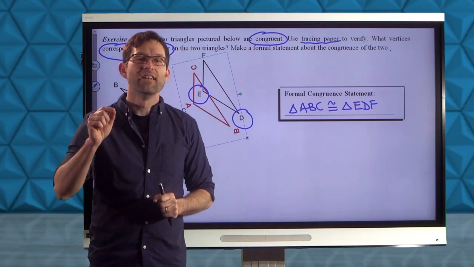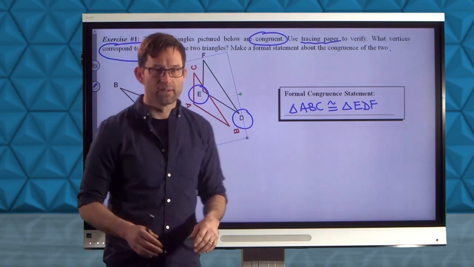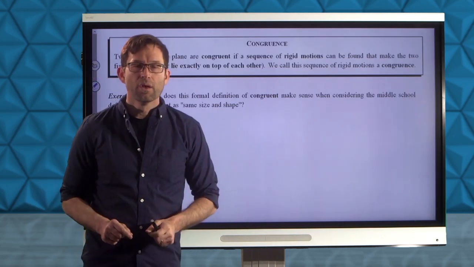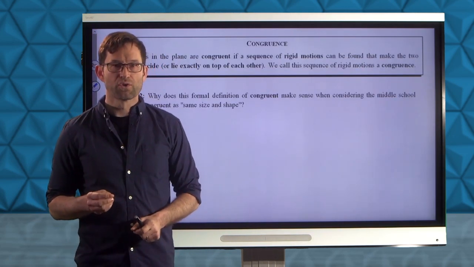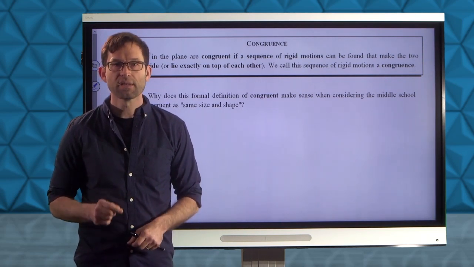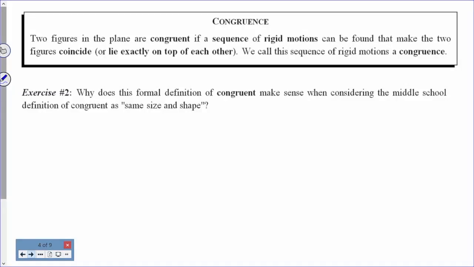All right, now let's go on and talk about rigid motions, because we've been building them up in this unit. It's part of the unit's title. So in high school geometry, what we want to do is give a more formal definition of congruence, and let's take a look at that in the box. Two figures in the plane are congruent if a sequence of rigid motions can be found that make the two figures coincide, lie exactly on top of each other.